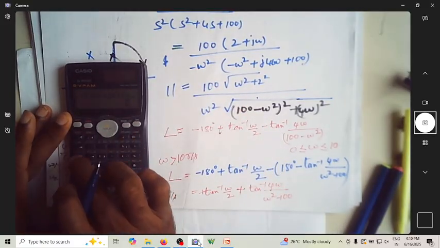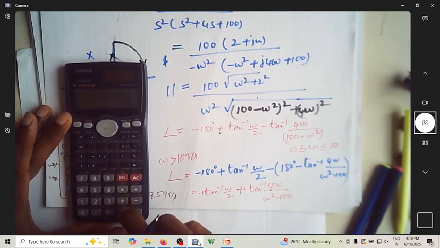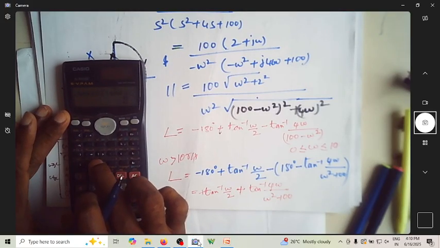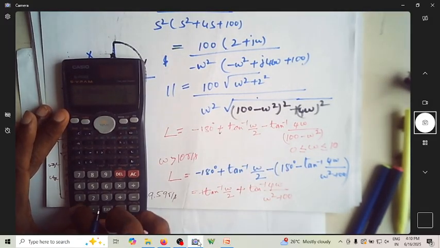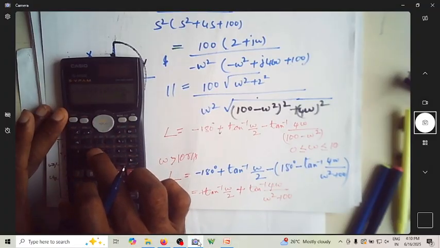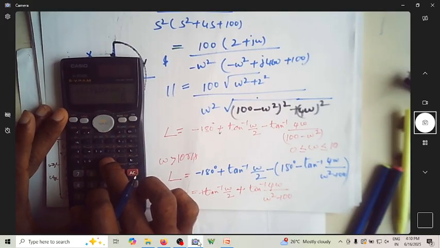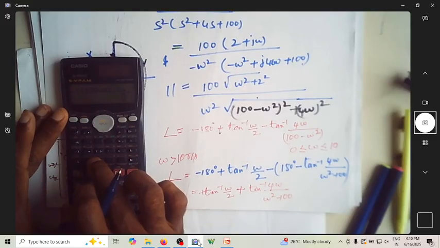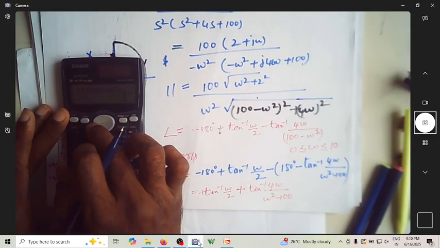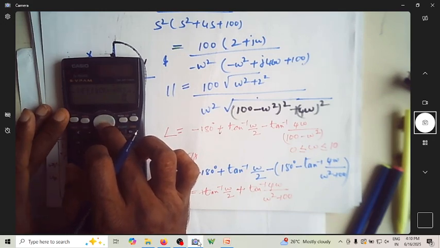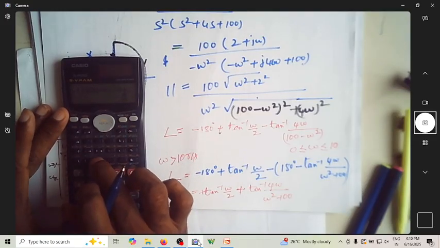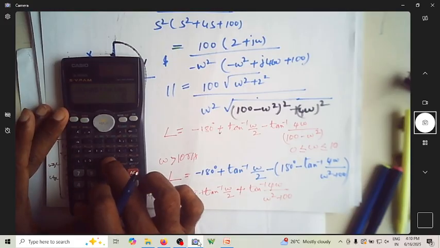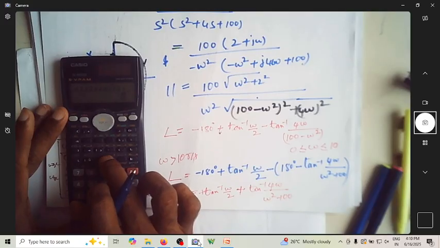this is alpha a square multiplied by, open the parenthesis, square root of, one more open, 100 minus alpha a square, close, square, plus of open the parenthesis 4 alpha a square close.